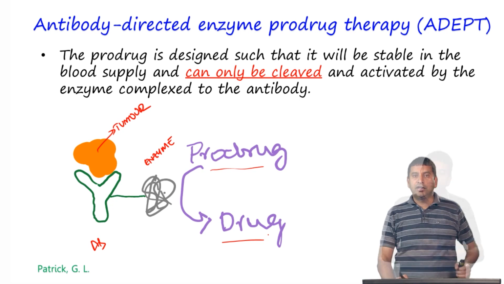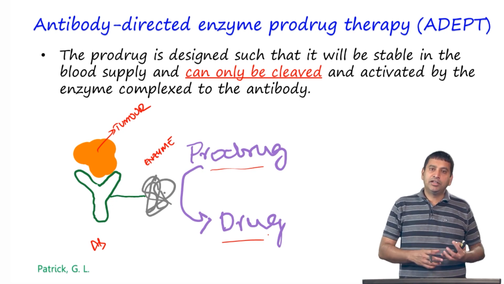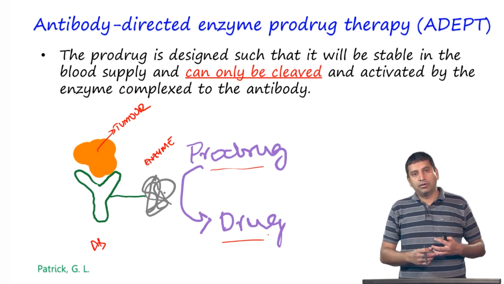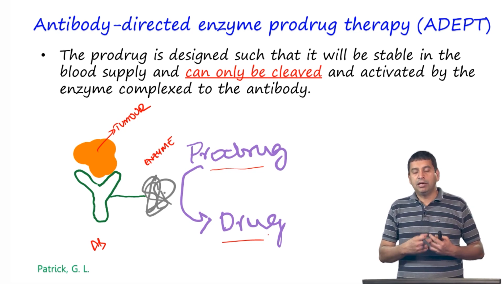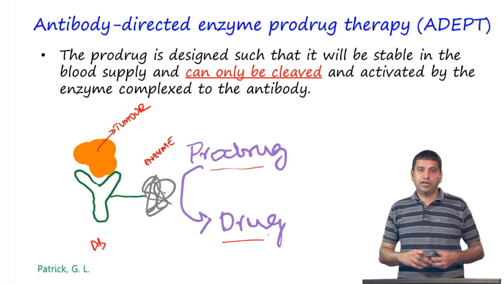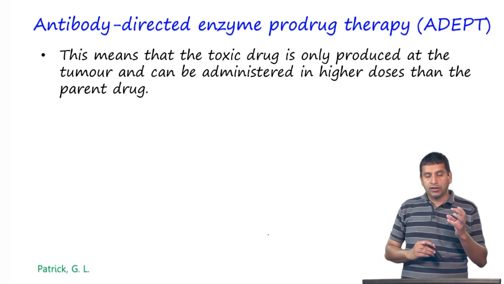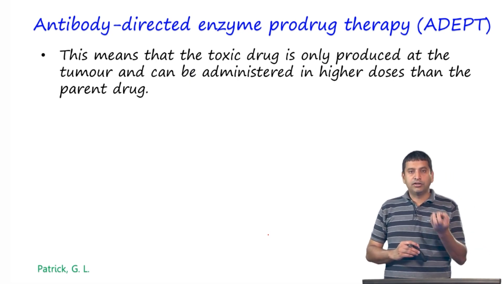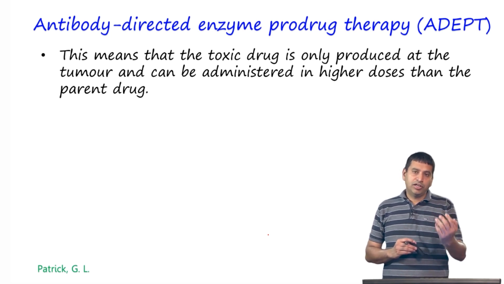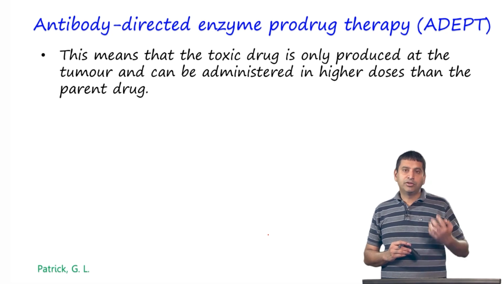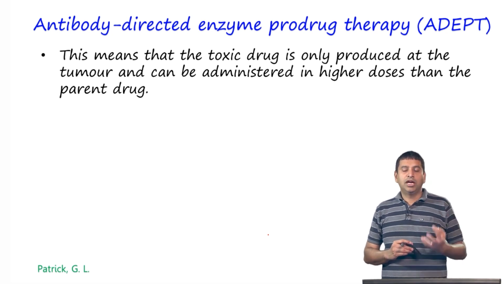And since the enzyme is a bacterial enzyme, the prodrug can be designed such that it is cleaved by a bacterial enzyme to enhance the success of this strategy. Therefore the toxic cancer drug is produced only in the proximity of the tumor, so we can administer the drug at a very high dose and not worry too much about the toxicity.